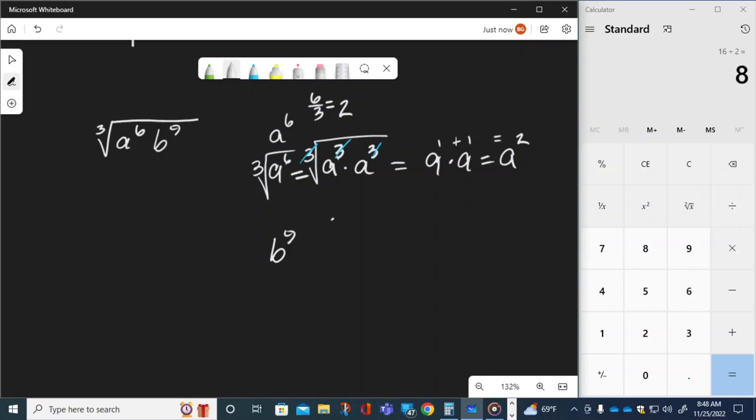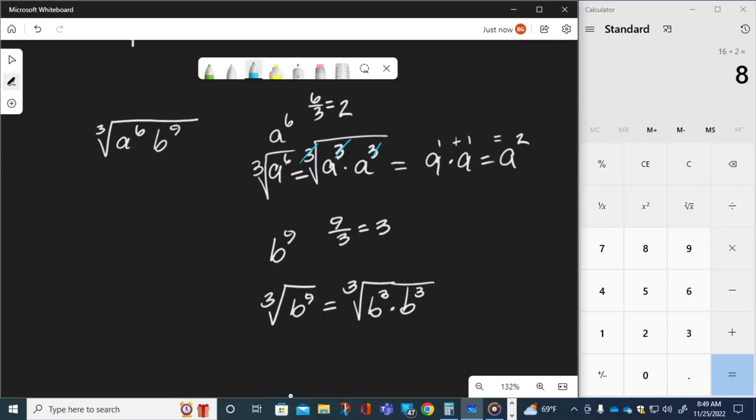Watch. So you take the exponent that you want to break up, and then you divide it by the number that you need, and that's going to give you 3. So you're going to need 3 terms. All right? And therefore, the cubic root of b to the power of 9 is equal to the cubic root of b to the power of 3 times b to the power of 3.